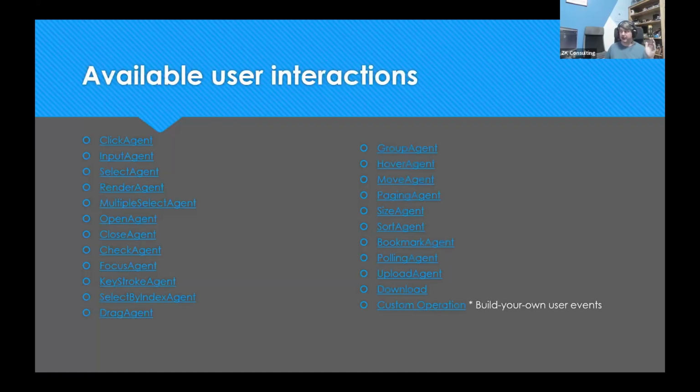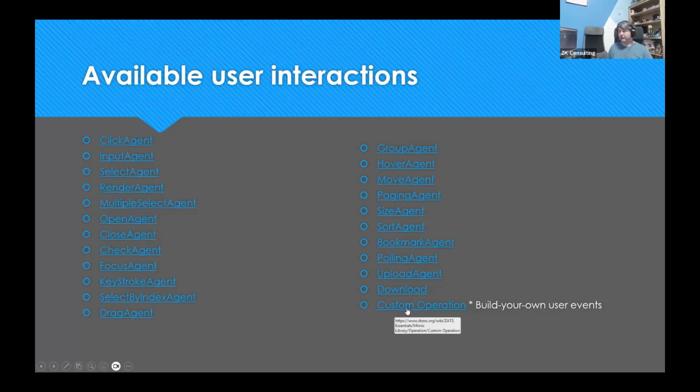I mentioned that you can use your component agent with the as method in order to obtain different user interactions. Here's a list of all of your available user interactions, which notably contain your click, your input, your select, etc. It also contains a custom operation agent.